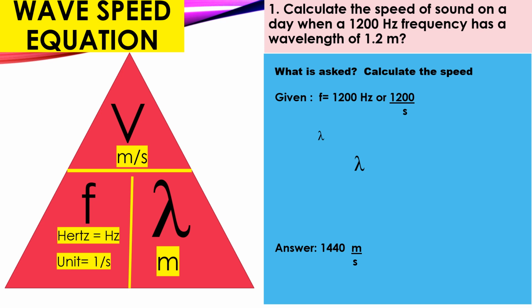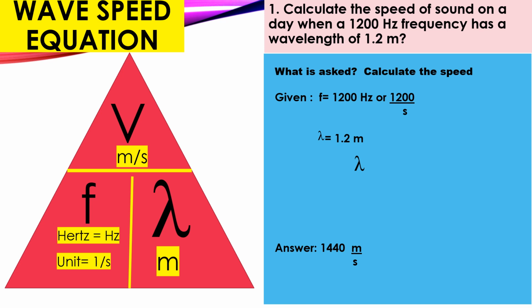Our frequency is 1,200 hertz, or you can write this as 1,200 per second. Meaning, it vibrated 1,200 times in 1 second. It created 1,200 waves in 1 second. So that is frequency. And our wavelength, which has the symbol lambda, is 1.2 meters.